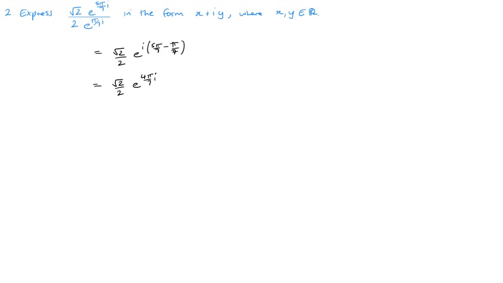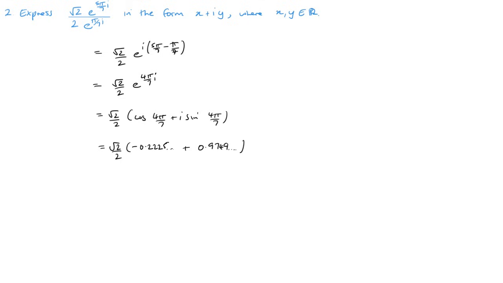Okay, now converting it. So root 2 over 2 times cos 4 pi by 7 plus i sine 4 pi by 7. So root 2 over 2 times minus 0.2225, carrying on that, and i sine is 0.9749 and so on.